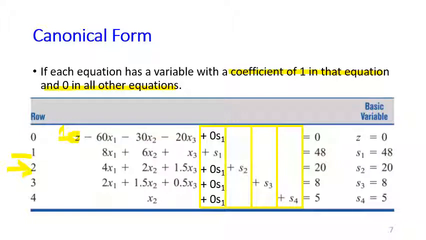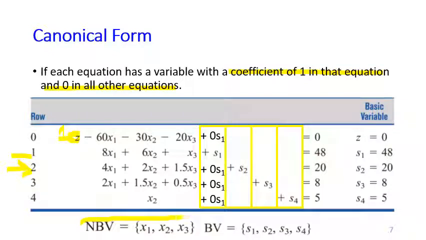What can we interpret or get from a canonical form? You can say that those who are not in the canonical form, x1, x2, x3, they are non-basic variables. Those variables who are in the canonical form, s1, s2, s3, and s4, they are the basic variables.